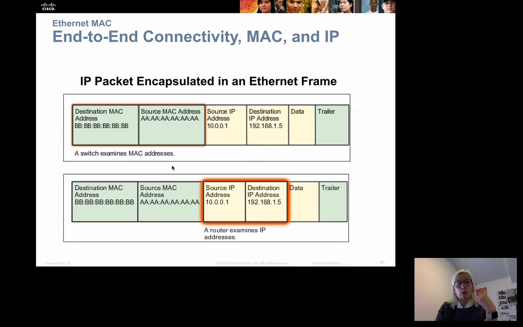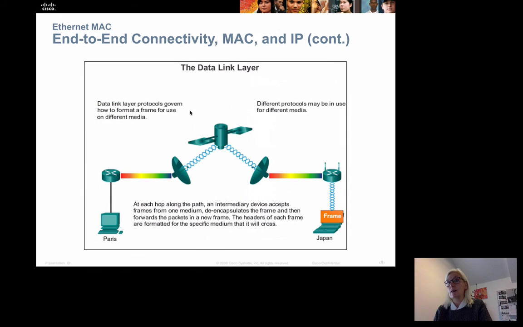When this packet is received by the router, it will look at the IP address and see which network it needs to send this to. So typically when I want to send something out of my own network, I need to have IP addresses on it, because the IP addresses are used to differentiate between the different networks. The MAC address or the frame cannot see it.